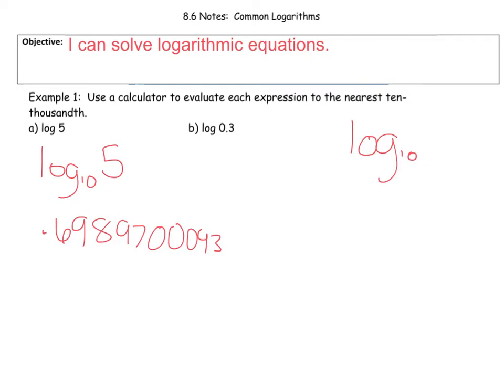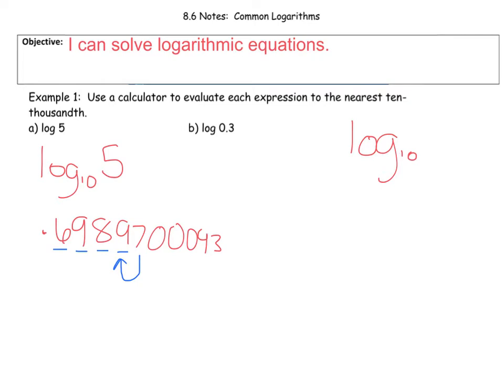So remember, let's count these. This is the tenths, hundredths, thousandths, and 10,000ths. So they want us to round to the 4th decimal spot. So remember, when we're rounding, we want to look at the place behind where we're rounding, which is the 7 here. And the 7 tells the 9 to bump up, to go up, because 5 or greater tells the number in front to go up 1.